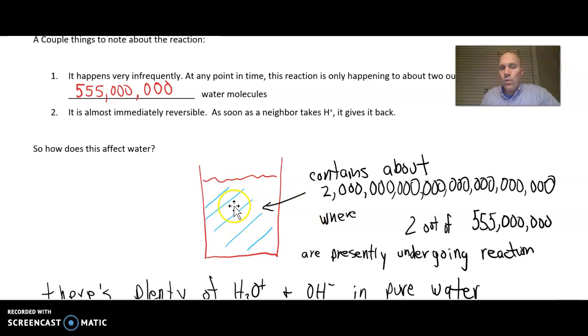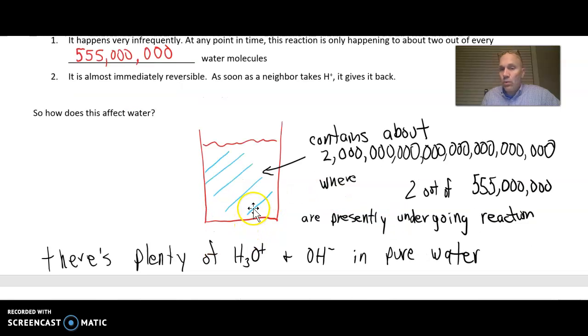There are way, way more water molecules in that cup of water than just this right here. So even if this is only happening to about 2 out of 555 million, there are so many water molecules in that cup that this is actually going on a ton.